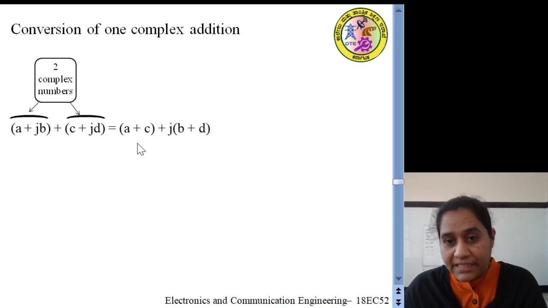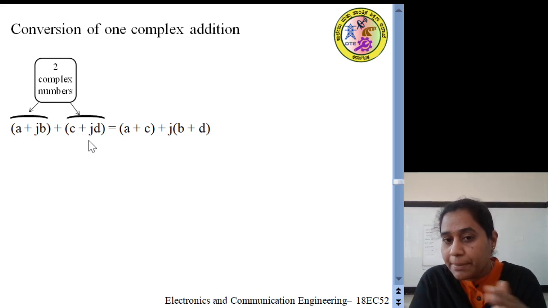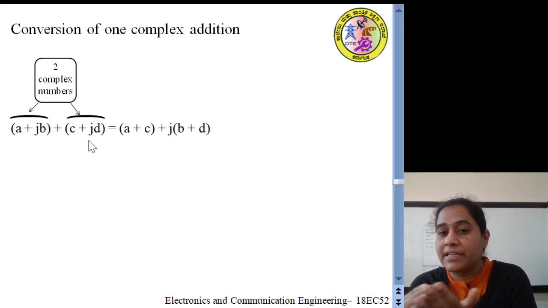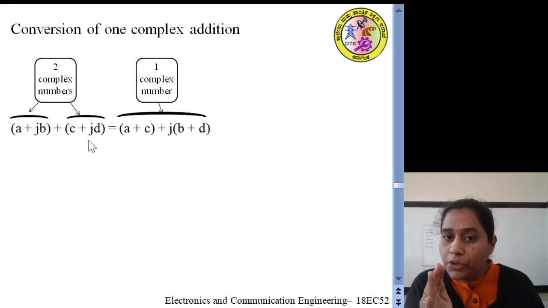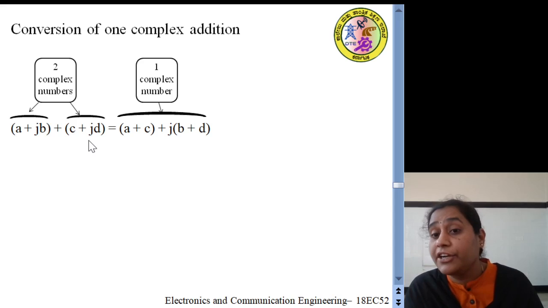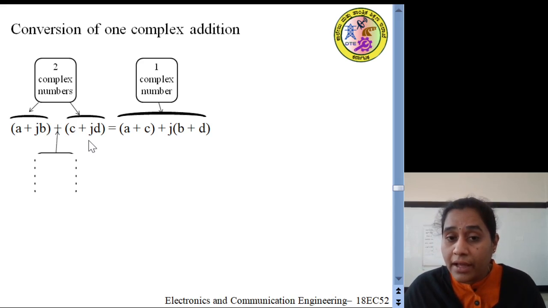If we simplify this, that means if we separate the real part as well as the imaginary part, we obtain the right hand side. So two complex numbers are converted into a single complex number.